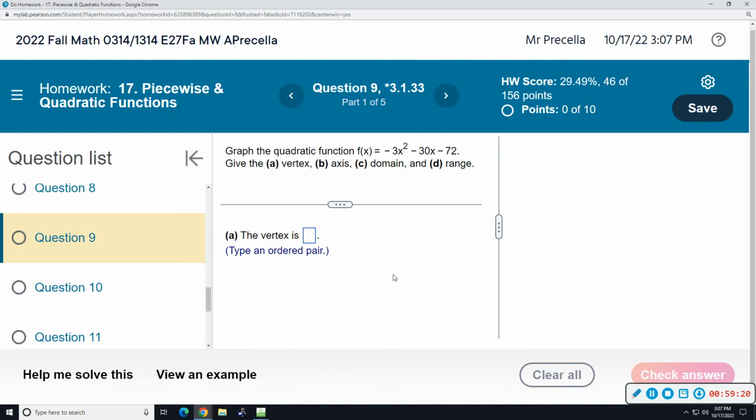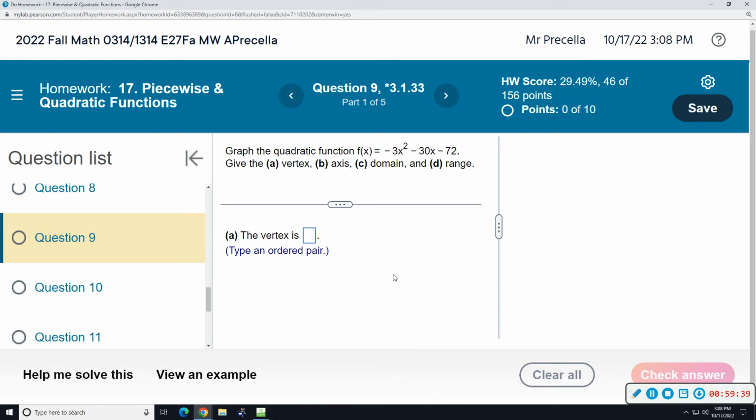It says, graph the quadratic function. I specifically chose number 9 because 7 and 8 are just like this, except the numbers are a lot smaller. And then give the vertex, axis, domain, range. So let me write that down.